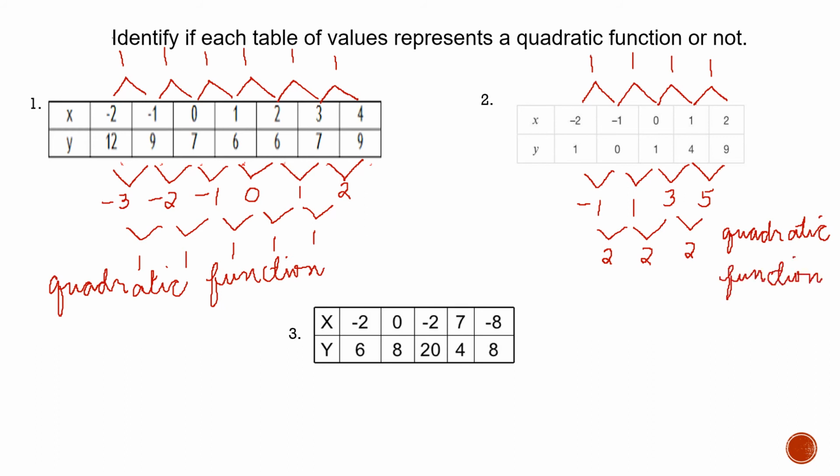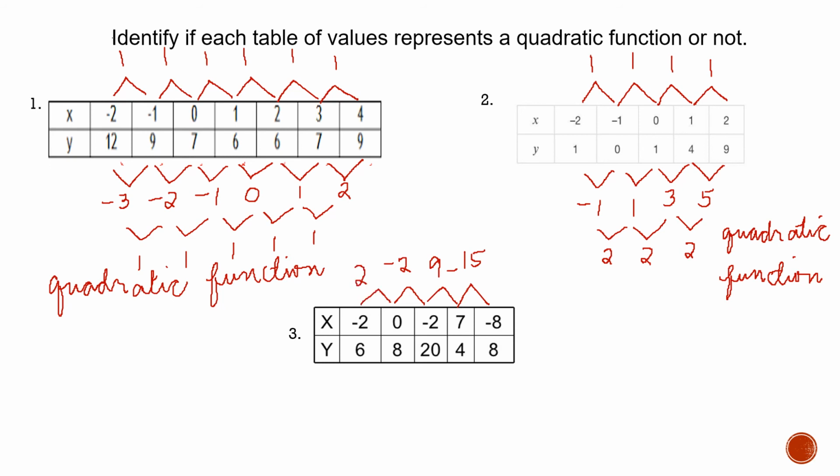Let's have the third one. Negative 8 minus 7, that is equal to negative 15. 7 minus negative 2, that is equal to 9. Negative 2 minus 0 is negative 2. 0 minus negative 2, that is positive 2.